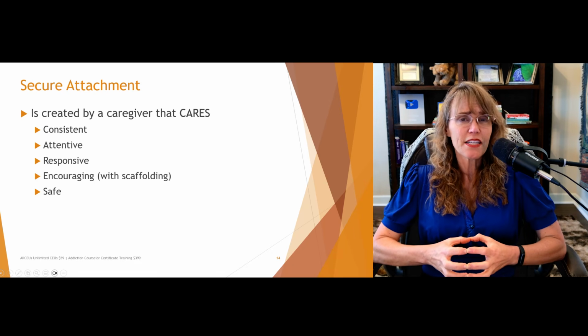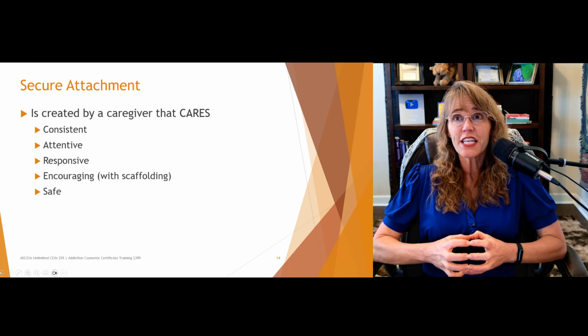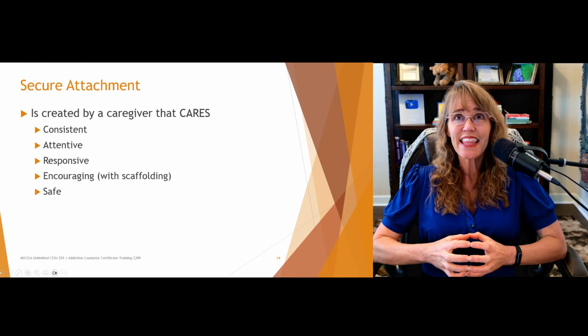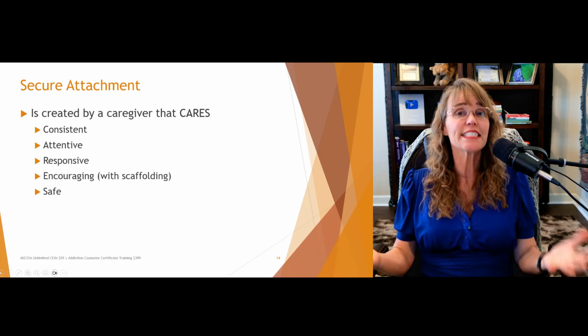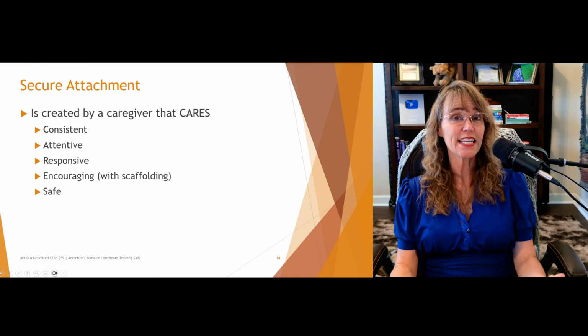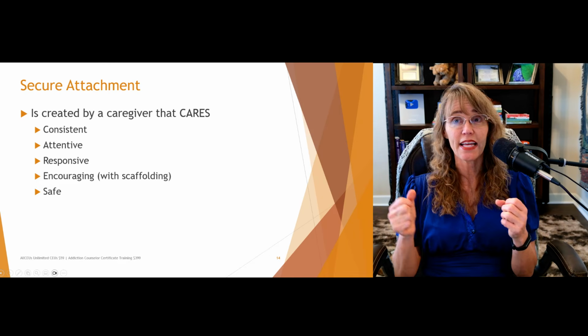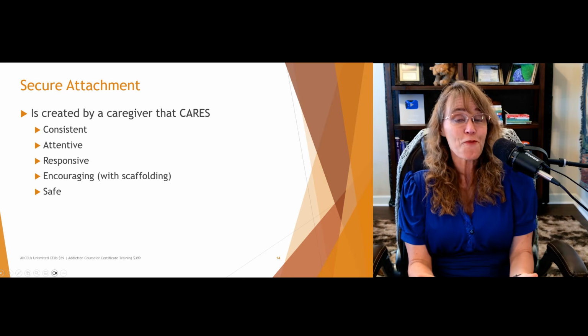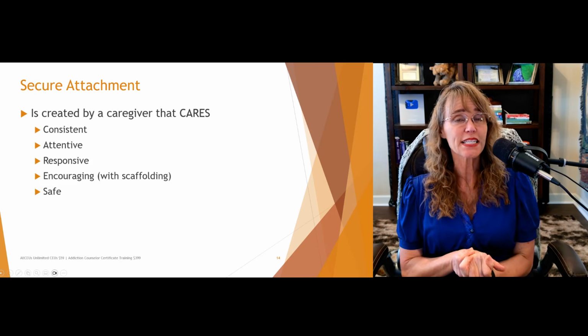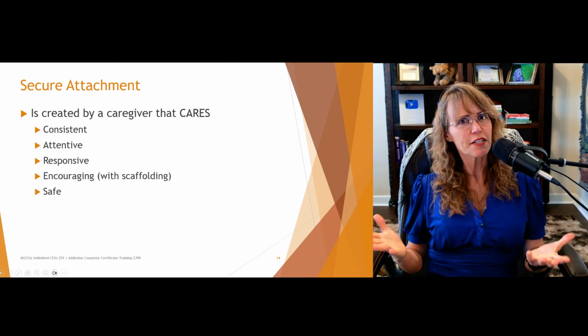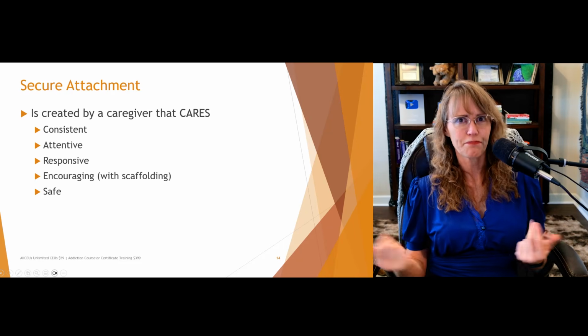They're responsive to the child. When the child has a good day, they say, hey, tell me about it. You know, I see that you got an A on your report card, or I see that this thing went well. Tell me about that because I'm excited for you. And the child goes, hey, somebody wants to pay attention to me.